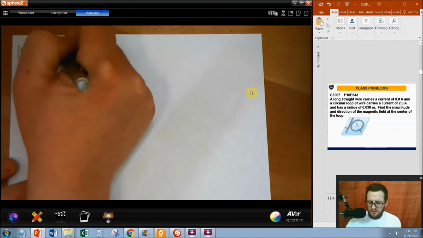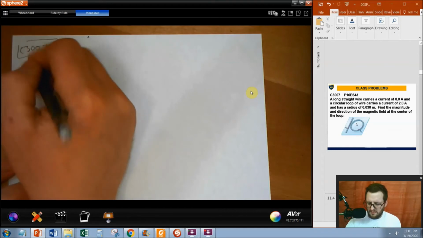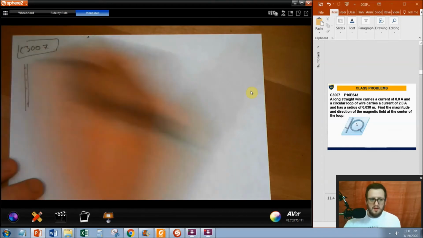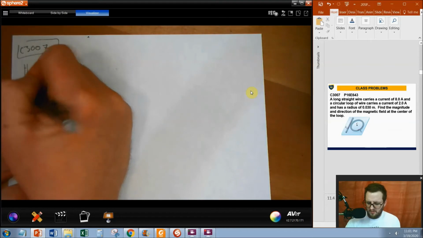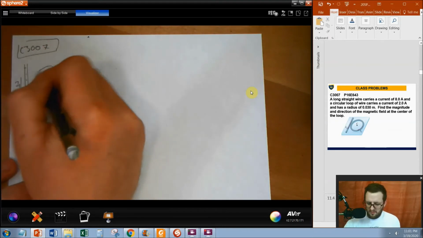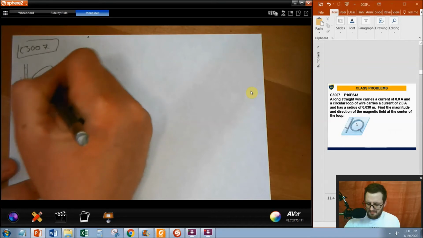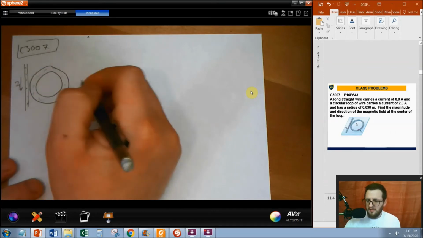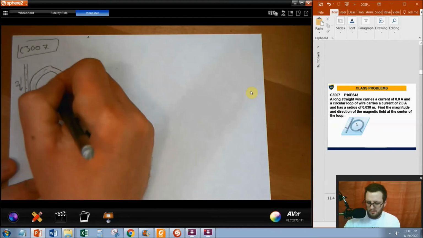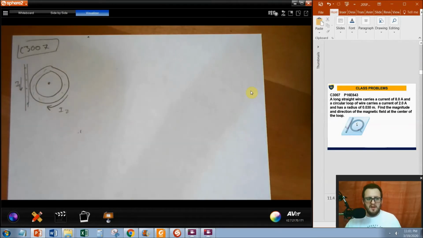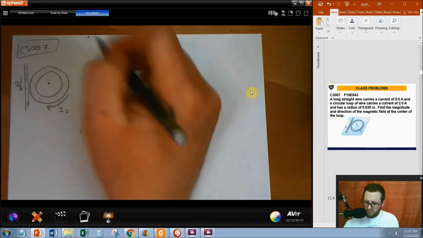All right, so we've got a wire carrying a current I1 downward, and we've got a loop of wire carrying some current in a clockwise fashion, and we want to know what the magnetic field is right there in the center of the loop.